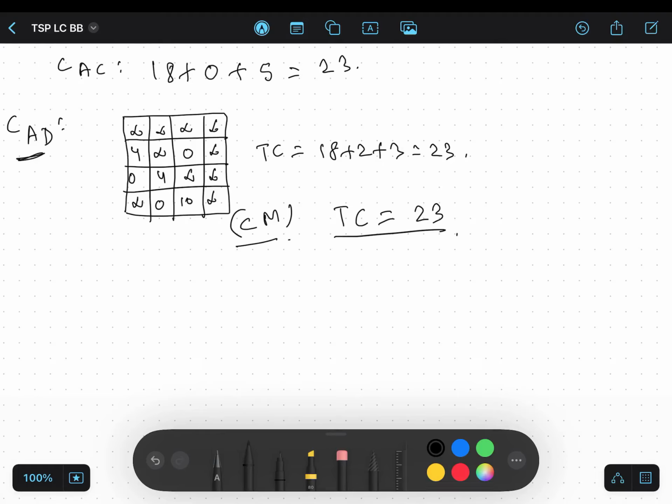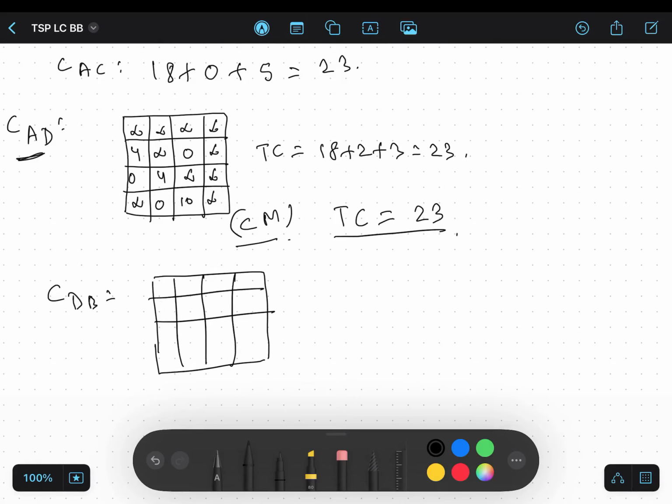So now going from D to B and D to C. So cost of D to B: row D has to be infinity and column B has to be infinity and index BD has to be infinity. Now the rest of the values are going to come from the current matrix.